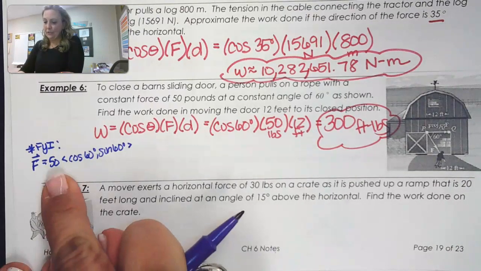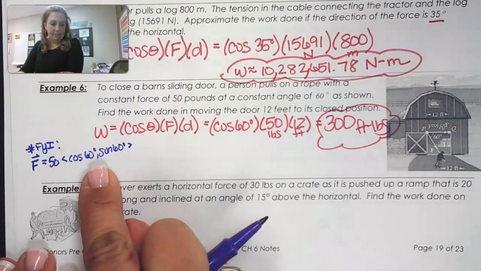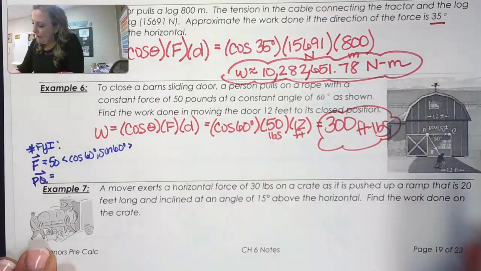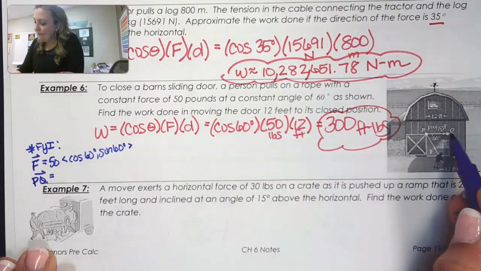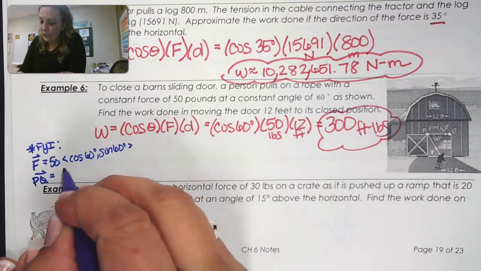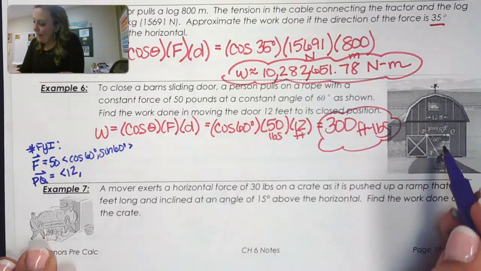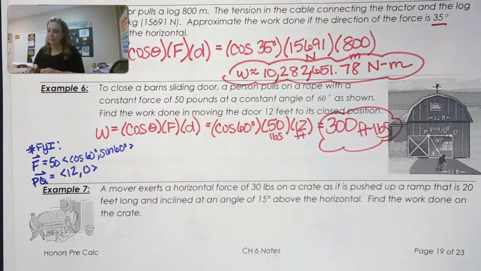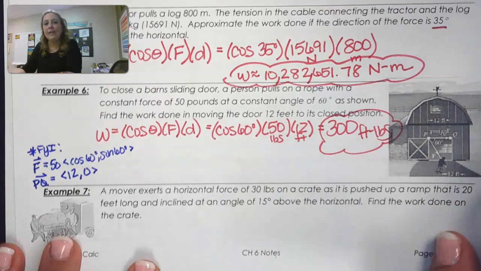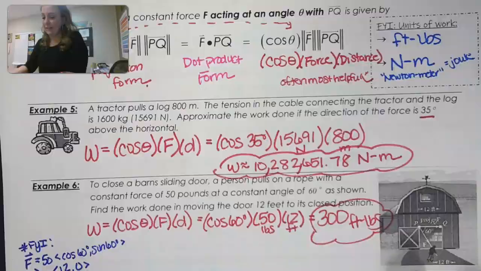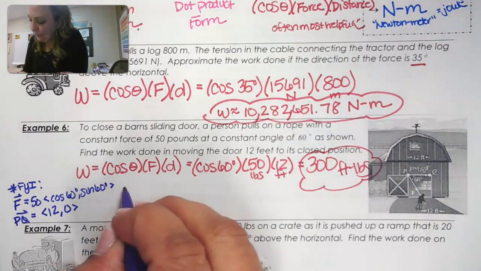But that's my magnitude, and then that's the direction angle. Then I have PQ, and PQ, notice, is going from here to here. So it's moving over to the right 12, but it's not having any vertical component this time. So again, another way that we can find work is by finding the dot product of F and PQ.